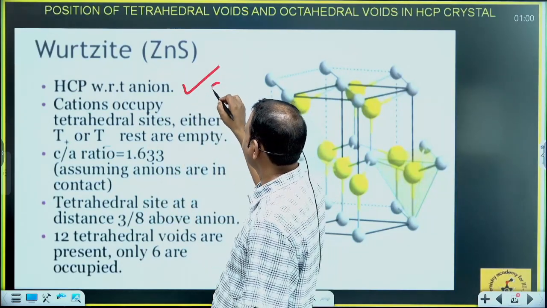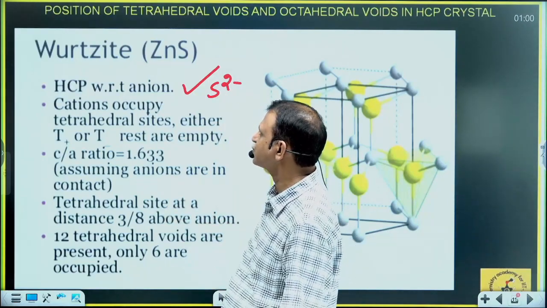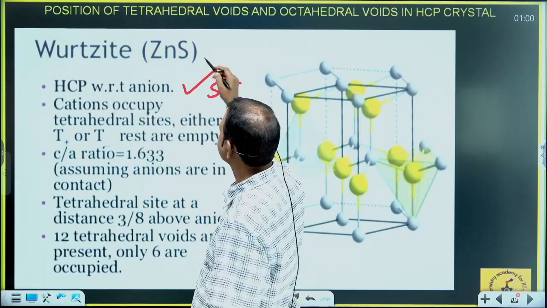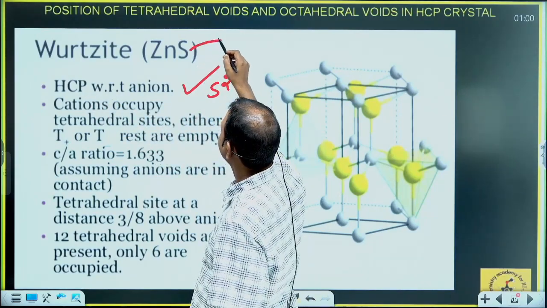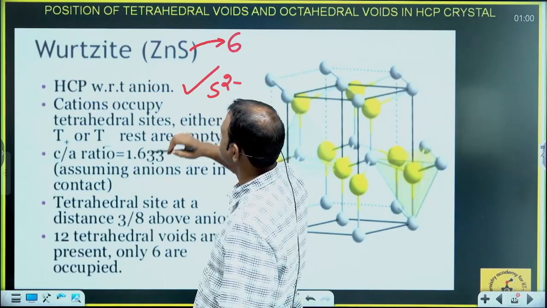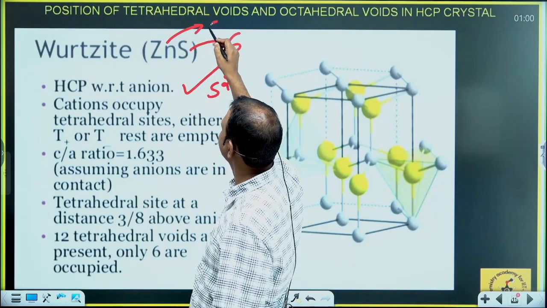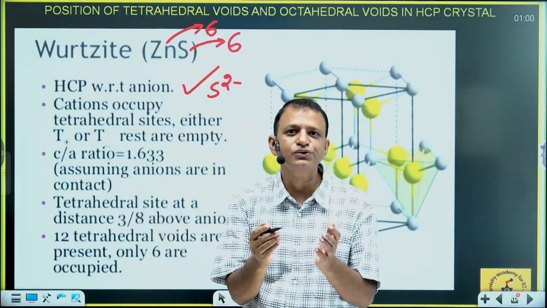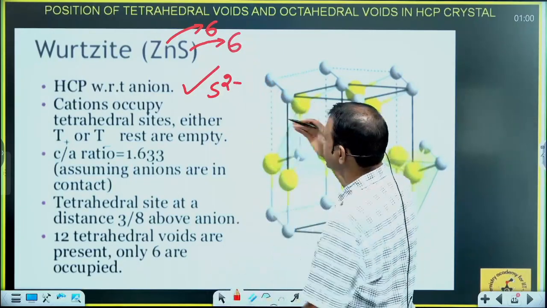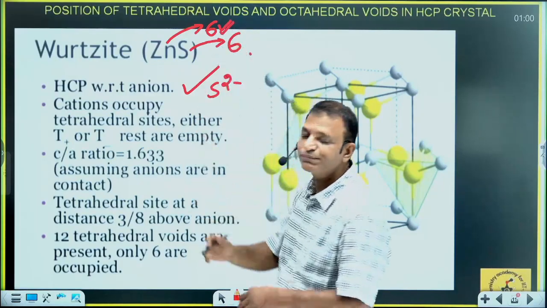The anion here is the sulfide anion, and the Zn2+ ion is present in tetrahedral voids. From the formula you can see that if it is HCP with respect to anion, the number of anions per hexagonal prism unit cell is going to be 6 and the formula is 1:1. So the number of Zn2+ ions per unit cell is also going to be 6. Now we have to prove that in this structure there are 6 Zn2+ ions per unit cell.